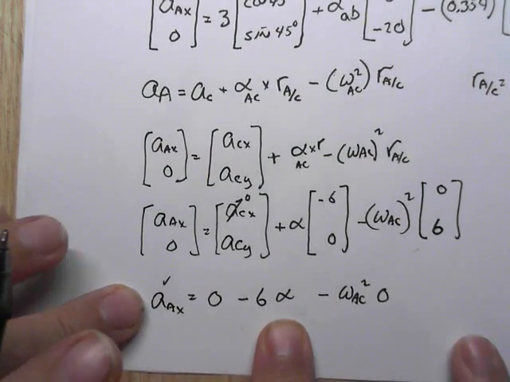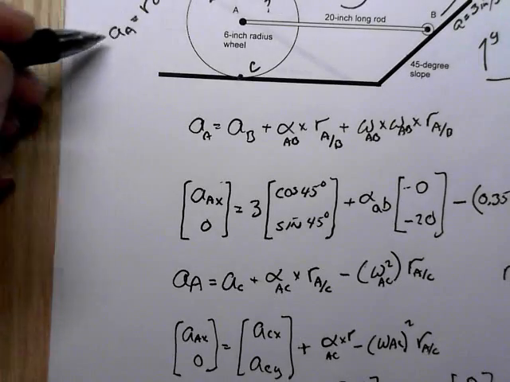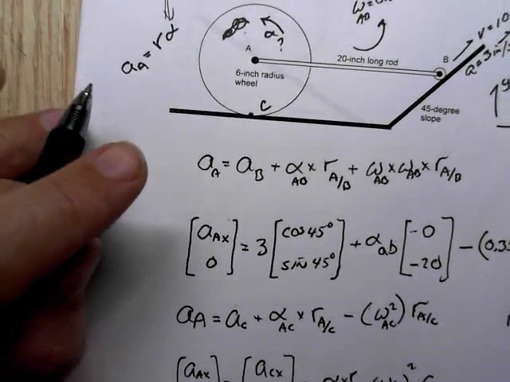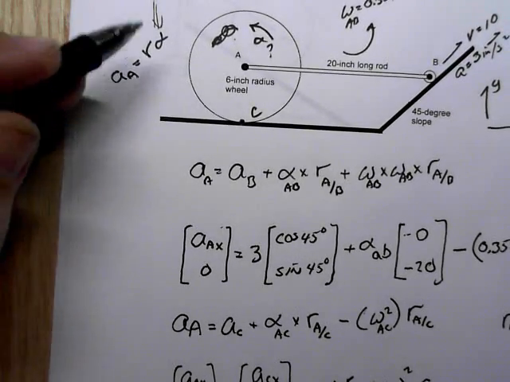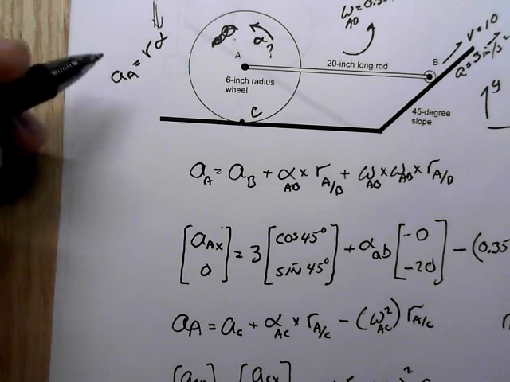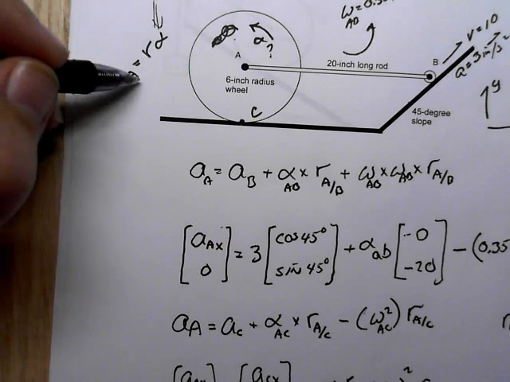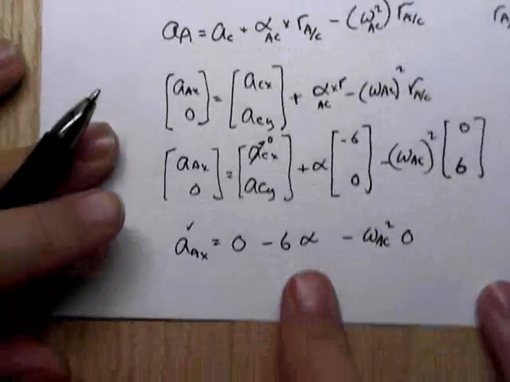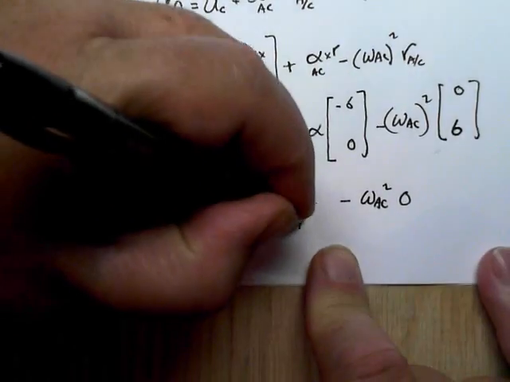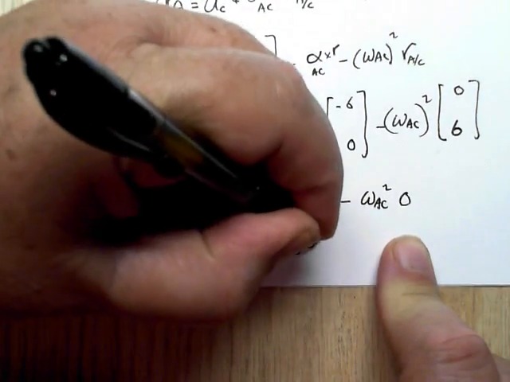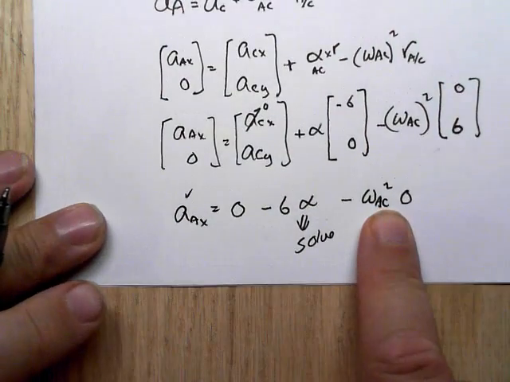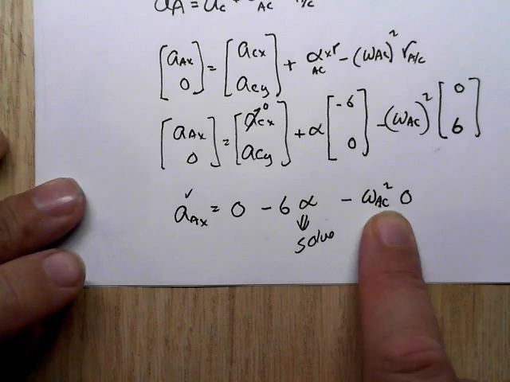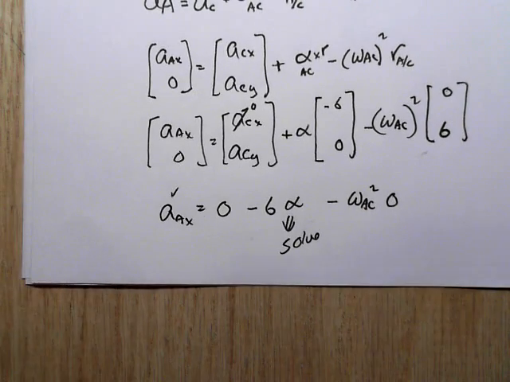This top equation gives us exactly the equation that we were deducing from the kinematics ourselves, that the acceleration of A in the x direction is an r alpha quantity. The r is 6, and so we can solve directly for the alpha without actually needing to compute the omega AC quantity. And so that problem is over.